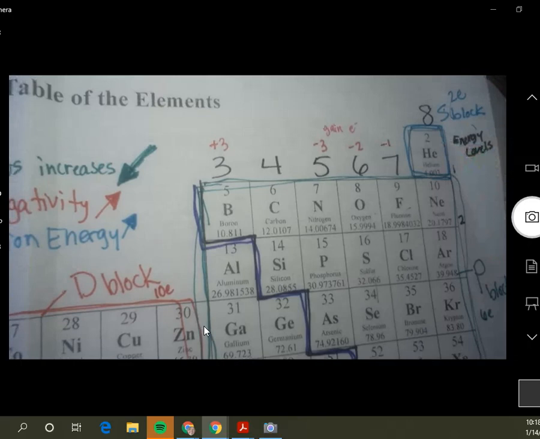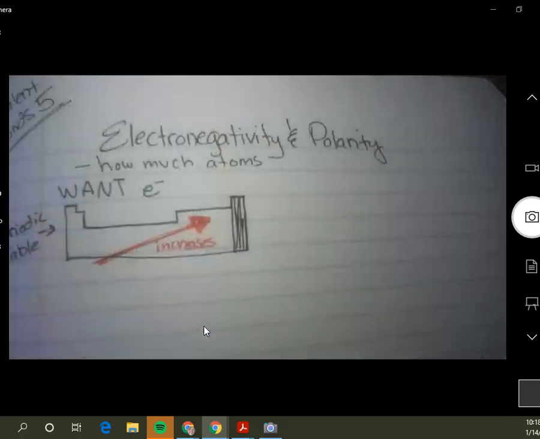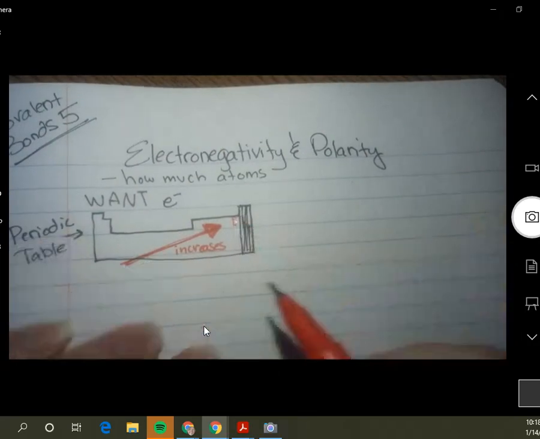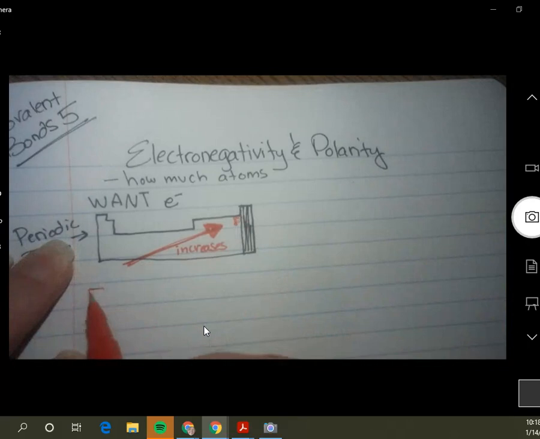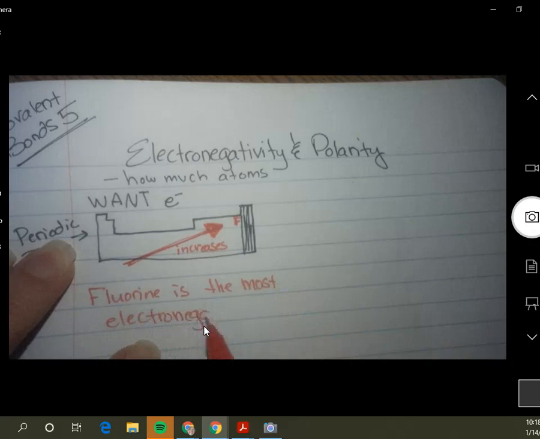Helium's not highest to the right that needs something. So we're going to go fluorine is the most electronegative. And we'll just kind of make a note of that right here. Okay.